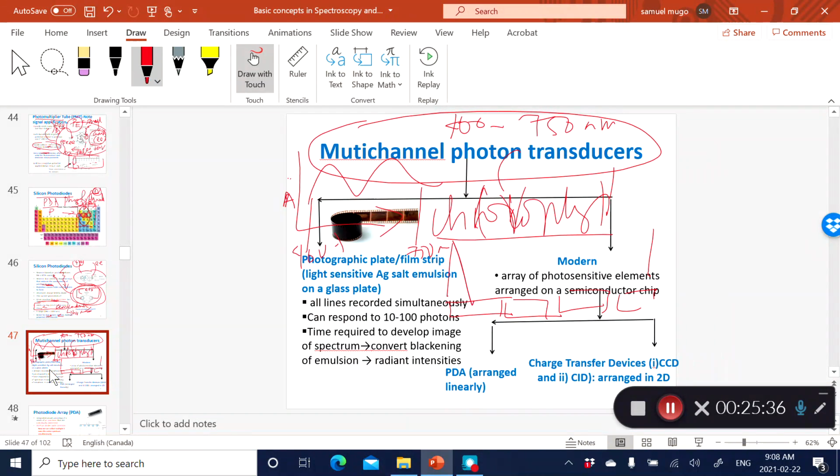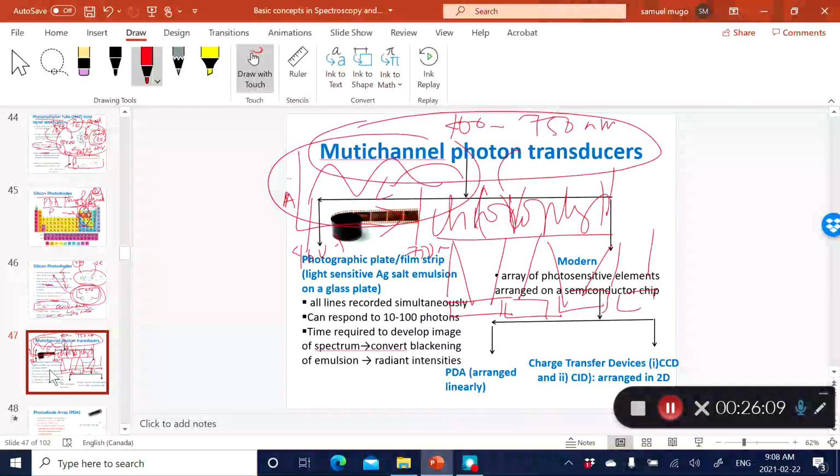The light coming from the grating hits this array of detectors, and that way you would record the entire spectrum simultaneously. So take note of those two approaches of recording a full spectrum. You can rotate the grating, and that is what's called scanning. Scanning takes time to acquire the full spectrum.